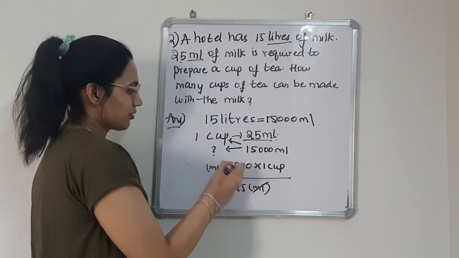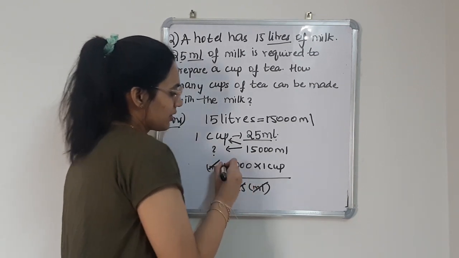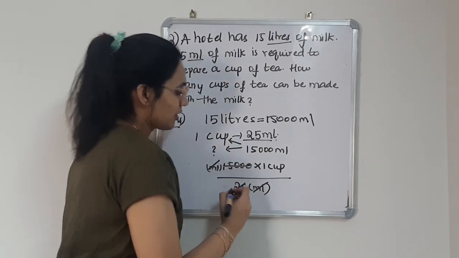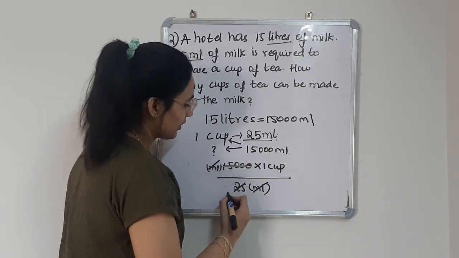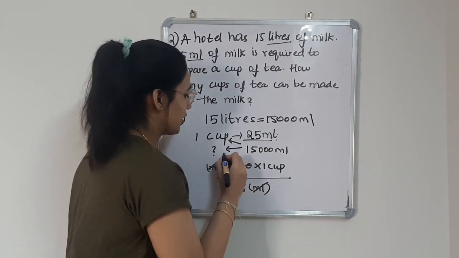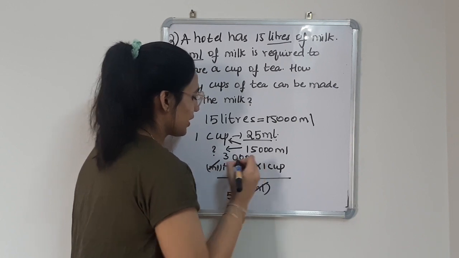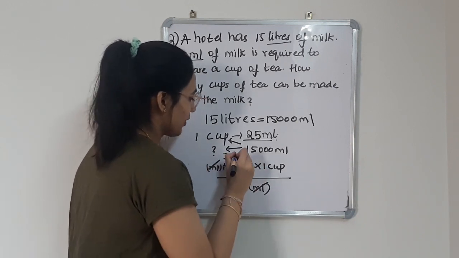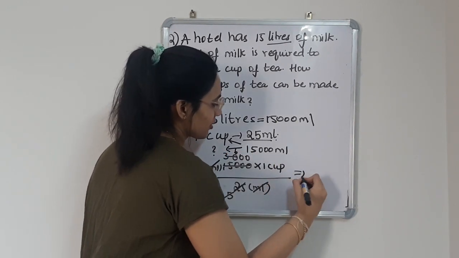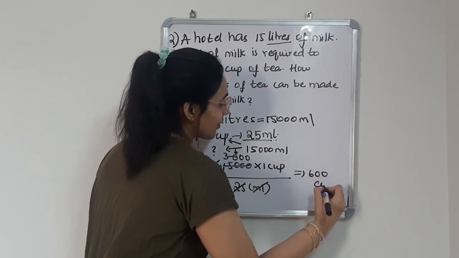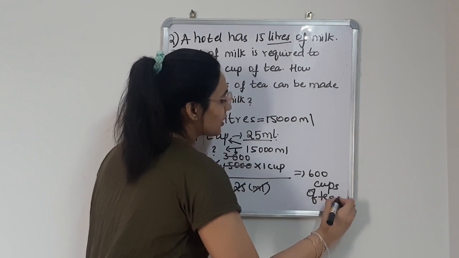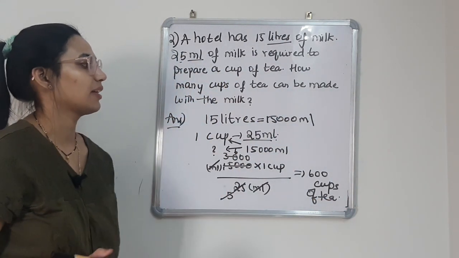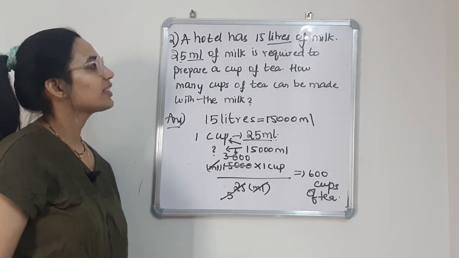Am I right? Ml cancel. 25. So, it's actually 600, but I'll multiply 10, divide 10. 5 5s are 25. 5 3000s are. 5 6s are 6 into 100, 600. So, 600 cups of tea can be prepared with the available milk. Okay. Now, let's see the next problem.